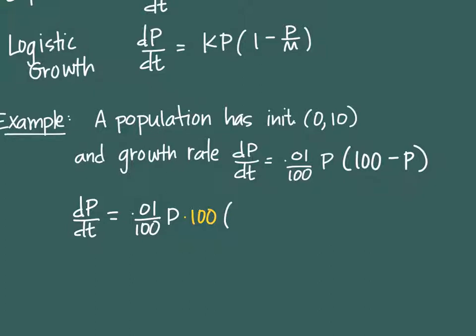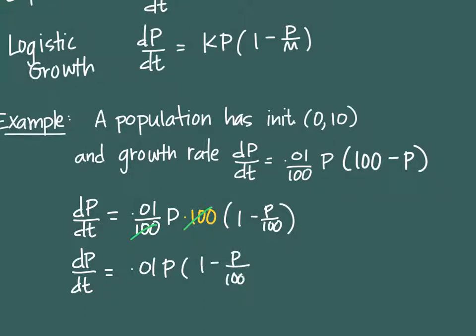That will leave me with 1 minus, what will it leave me with? 1 minus P over 100. And then the 100 that I factored out can reduce with the 100 that was already there. So I've got 0.01P times 1 minus P over 100.